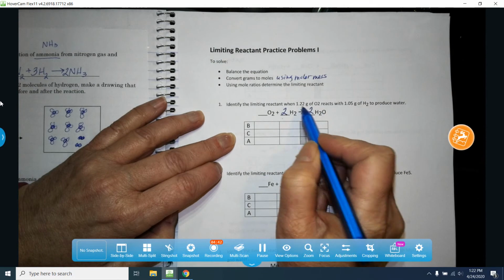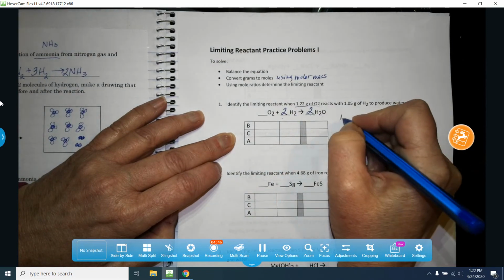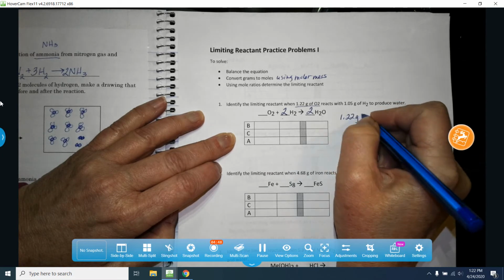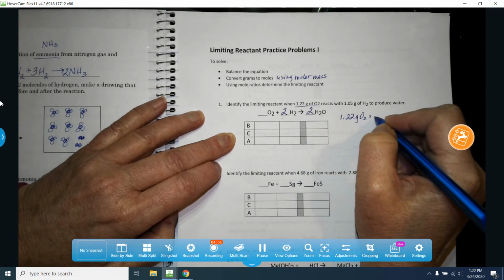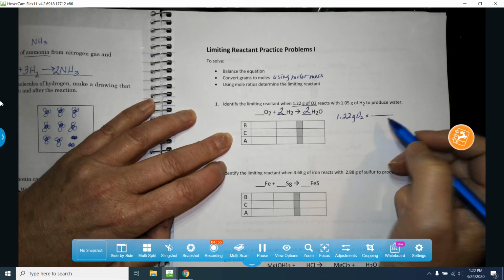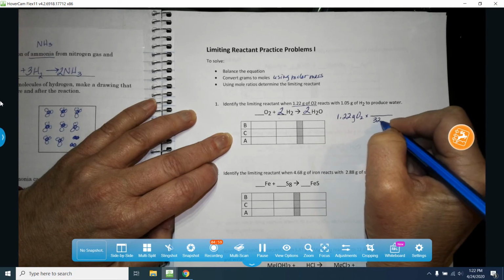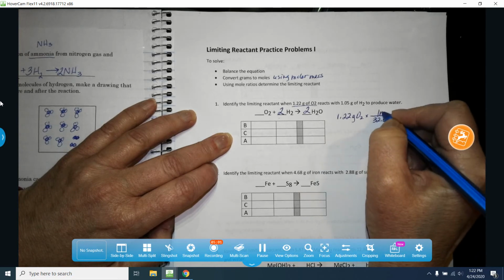So we have 1.22 grams of O2. We have to first convert those grams into moles using molar mass. The molar mass of oxygen, 1 oxygen is 16, so O2 is 32. 32 grams is 1 mole.